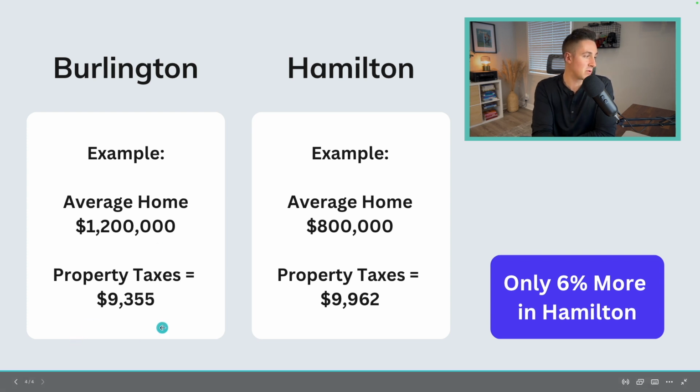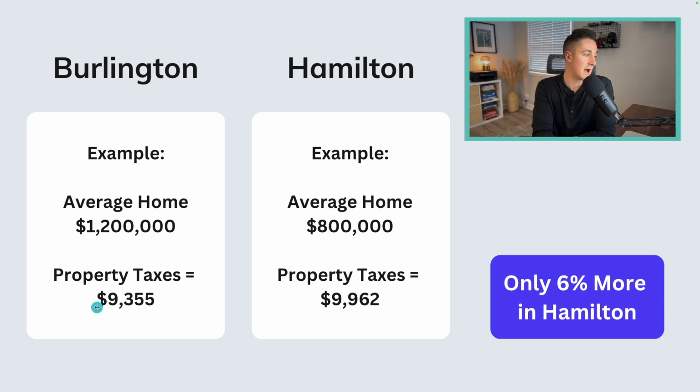You can see in Burlington, on an average detached home, the property taxes would be $9,355. And in Hamilton, on the average home price, which is $800,000, the property taxes are very similar, $9,962. So when you look at the property taxes for average home prices, Hamilton is actually only 6% higher than when compared to Burlington.